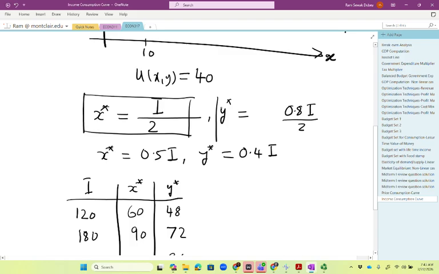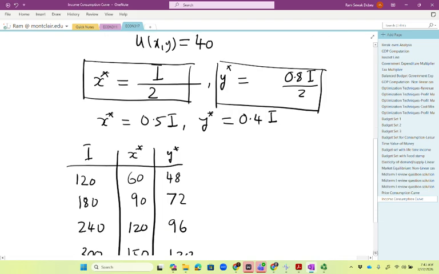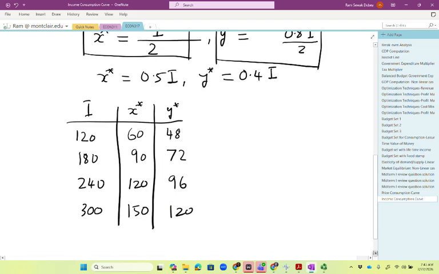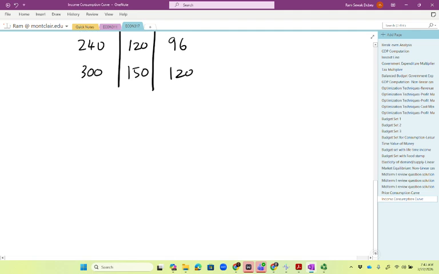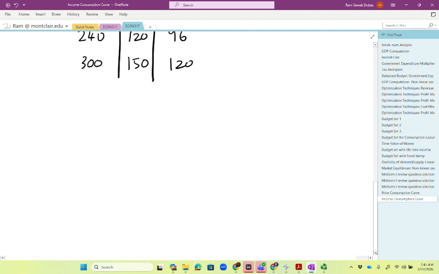And then we are utilizing these expressions to find out X star and Y star, because our goal here is not to solve the utility maximization problem, but to use the choices made by the consumer, the optimal choices, to draw the income consumption curve.